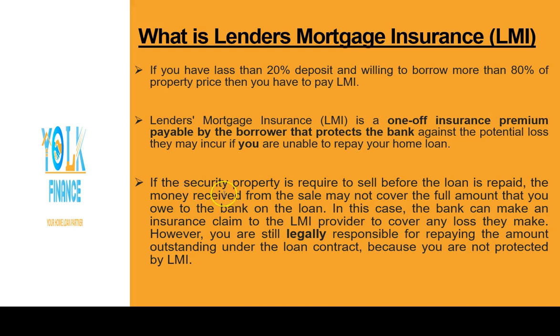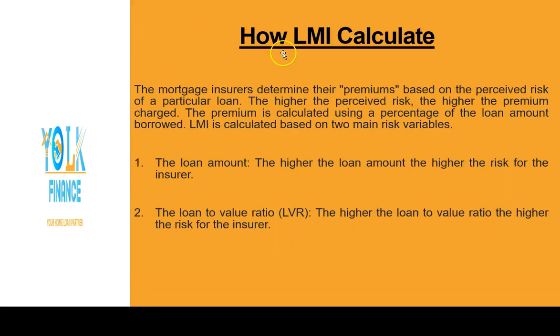In this case, the bank can make an insurance claim to the LMI provider to cover any losses they make. However, you are still legally responsible for repaying the amount outstanding under the loan contract because you are not protected by LMI.